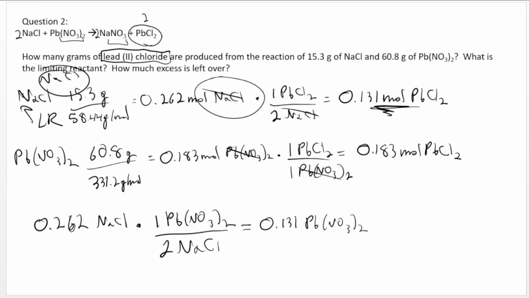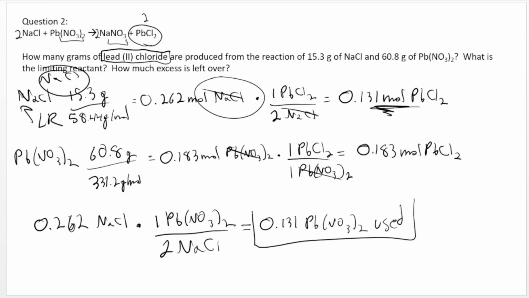Now again, it is just a coincidence that the number of moles of the excess reactant used in the reaction is the same as the number of moles of the product produced. The only reason is because our PbCl2 has the same coefficient as the Pb(NO3)2. So this is the amount used.